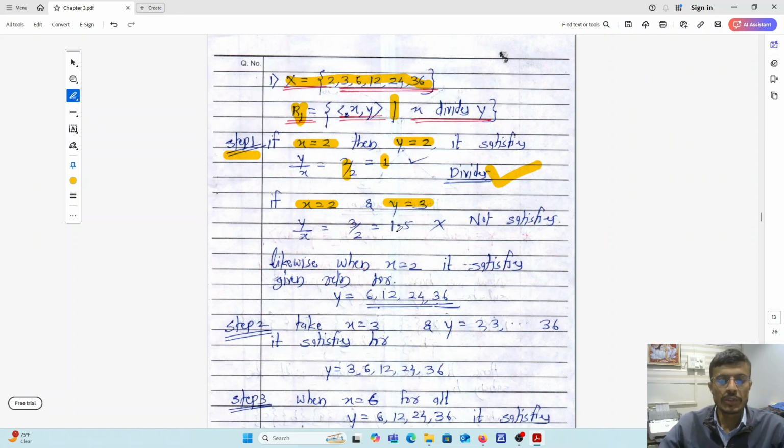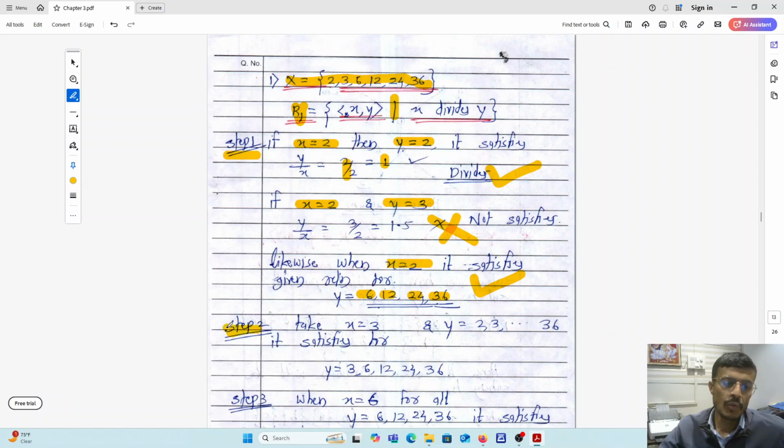So 3 by 2 is 1.5. A fractional value is not allowed, so whenever X is equal to 2, Y should not be 3. Likewise, whenever X is equal to 2, it is satisfied for Y equal to 6, 12, 24 and 36, because 6, 12, 24 and 36 are divisible by 2.